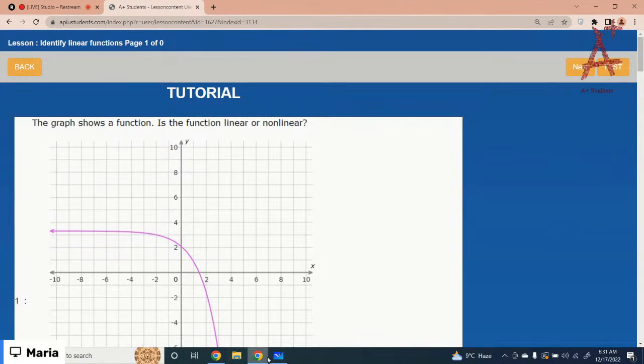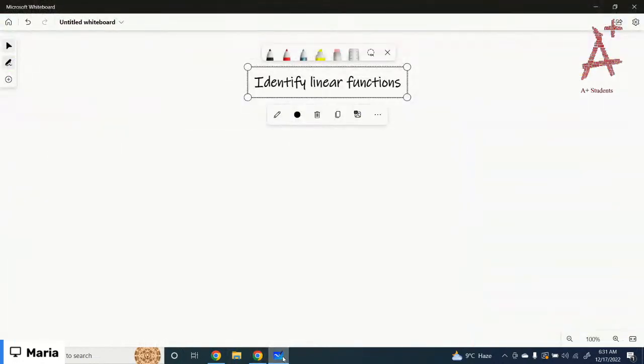So two of the very important points for the linear function. The linear functions have a graph that is a straight line. Got it? Let me write down the definition of the linear functions on the board. You can note down the definition.